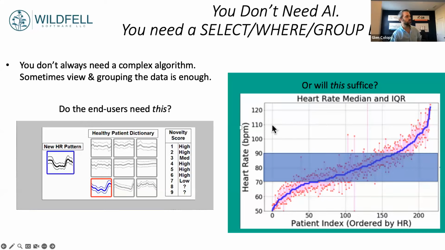If you set an alarm threshold at 110, all these other 175 patients basically have no chance at ever getting a high value alarm. They could be someone with a natural heart rate of say 50 or 80, and you're never going to have an alarm on them, which means they're going to be neglected.